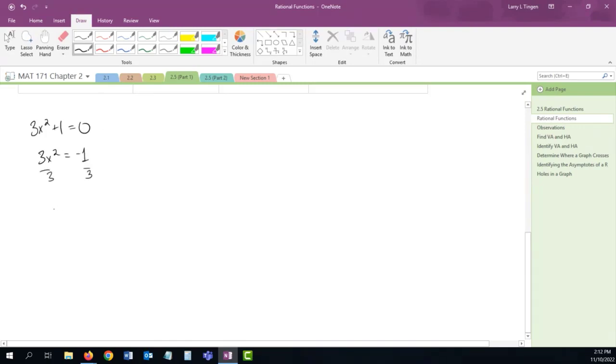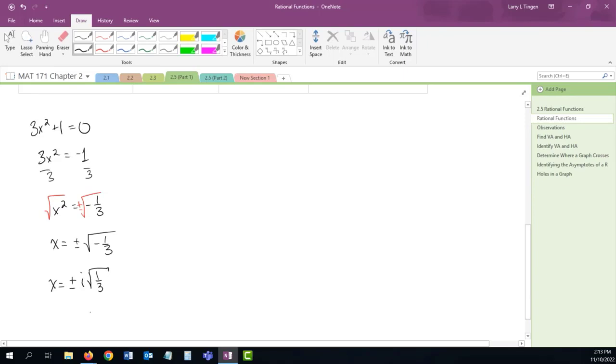Divide by 3. x squared is negative 1/3. You already know what's about to happen, but let's solve it anyway. x is equal to the positive and negative square root of negative 1/3. And the square root of negative 1/3 means what? It's imaginary.